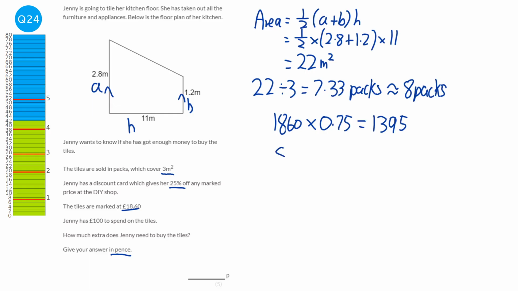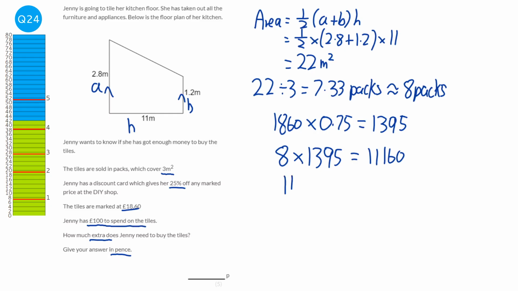And so it's going to be 8 lots of the 1,395 pence packs, which will cost in total 11,160 pence, or £111.60. But Jenny has £100 to spend, and we're asked how much extra she needs.